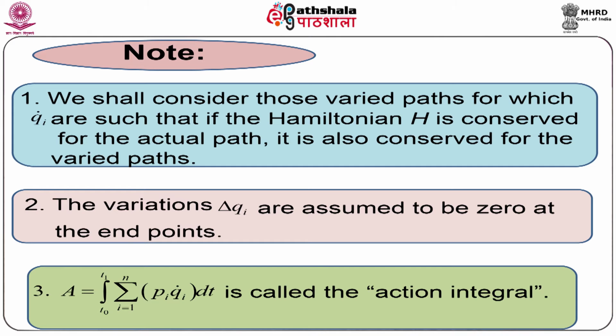Number 3, capital A equal to integration T0 to T1 summation over i equal to 1 to n pi qi dot dt is the action integral, where small pi is the generalized momenta, qi dot is the generalized velocity.